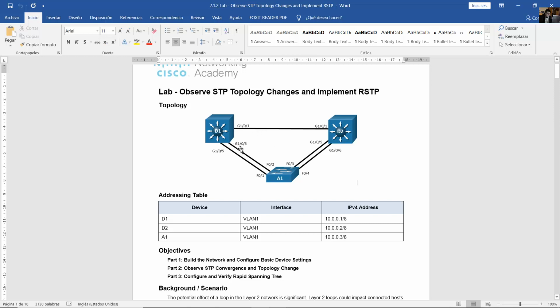Between D1 and A1, Gigabit 5 and 6, host Ethernet 1 and 2.